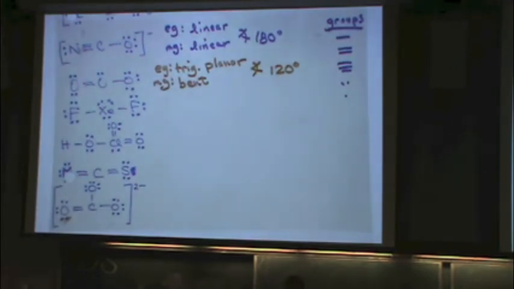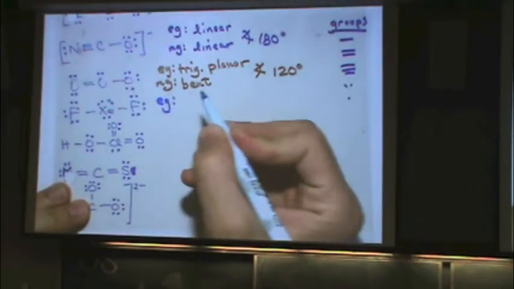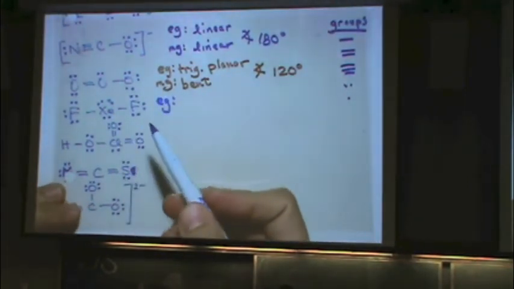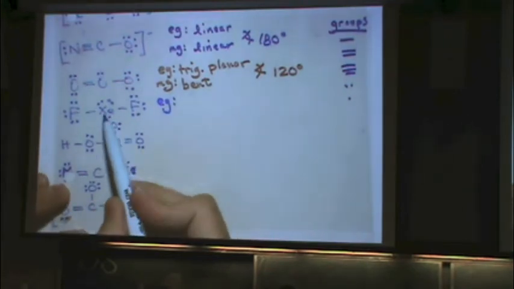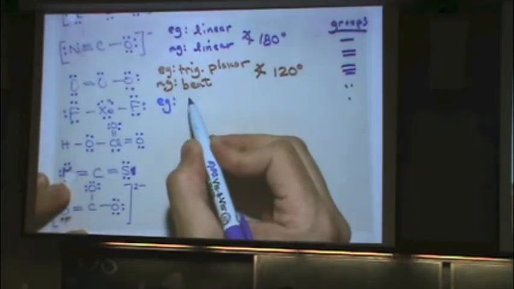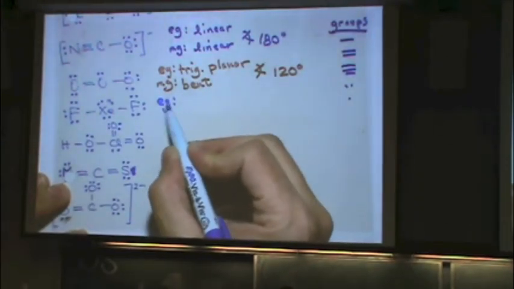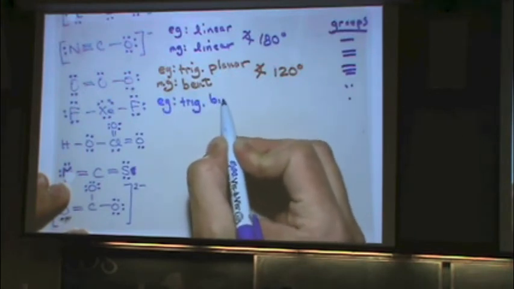Try the next one. Here, the electronic geometry first. How many groups around the center atom? You should see 5: 3 lone pairs and 2 single bonds. So the total is 5. What's the 5 called? It's called trigonal bipyramidal.